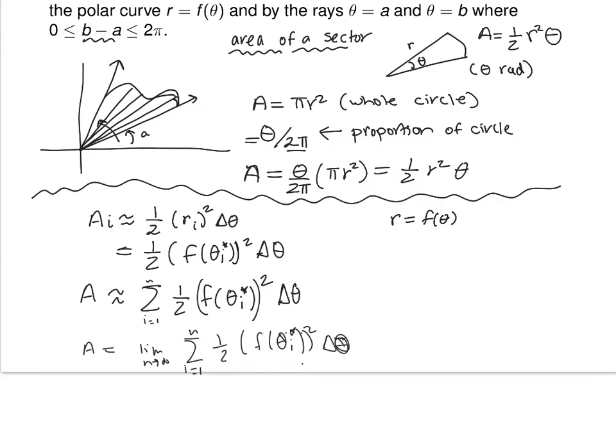So we have the integral from your lower angle alpha to your higher angle beta, 1/2 f of theta squared d theta, or my personal preference as to how to write that is the integral from A to B, 1/2 r squared d theta.